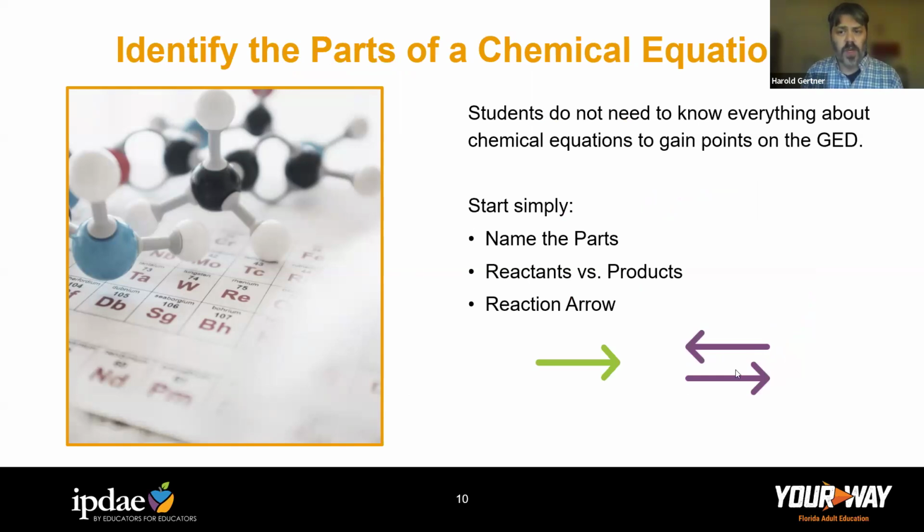If the arrow goes both ways, and often it's a little half arrow both ways, a little different than what I have here, that means the reaction is reversible. You can get the product back out and turned back into the reactants. But this arrow is a one-way reaction, right? Just learning that much might help students gain a point or two on the GED that could get them to that passing level without a whole lot of in-depth instruction.